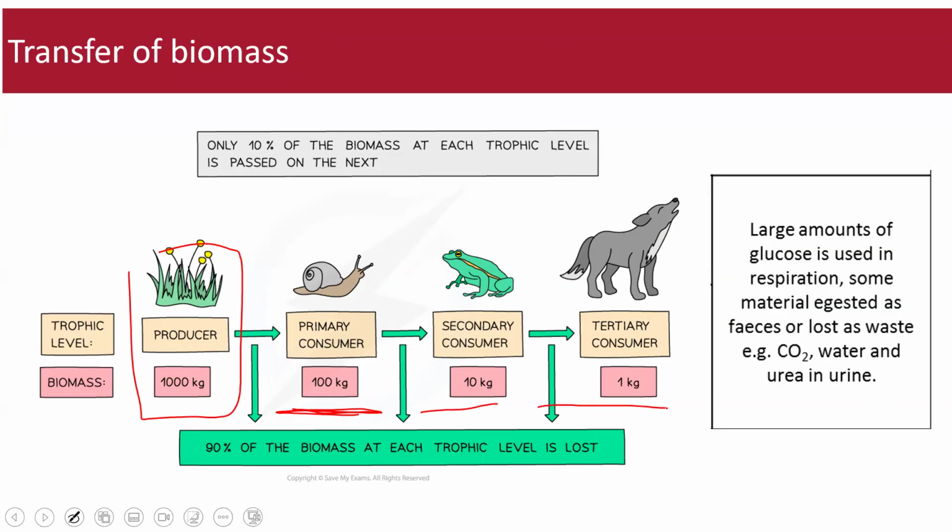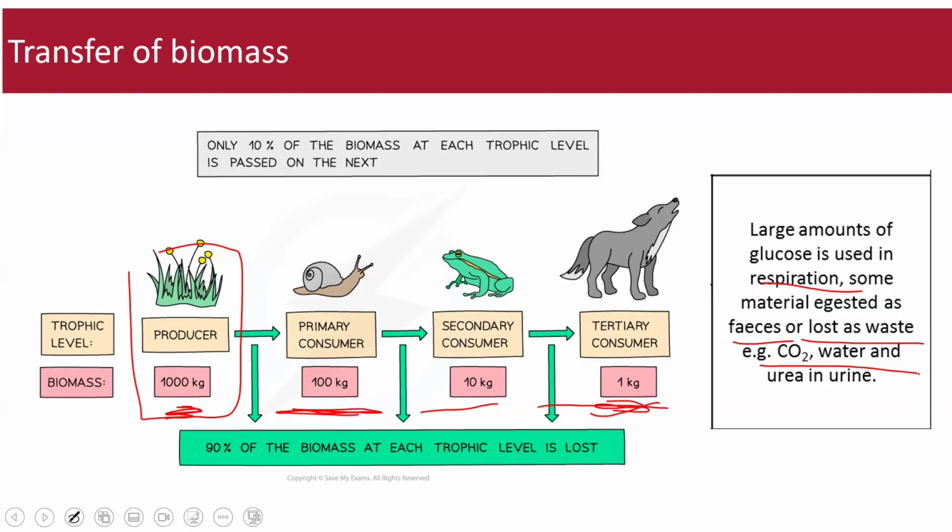So if you think about the efficiency of this, it's pretty horrendous, really. You start with 1,000 kilograms of plant, and the strange-looking wolf at the end there, there's only 1 kilogram left. Okay, where does all that energy go? Respiration, feces, waste, carbon dioxide.